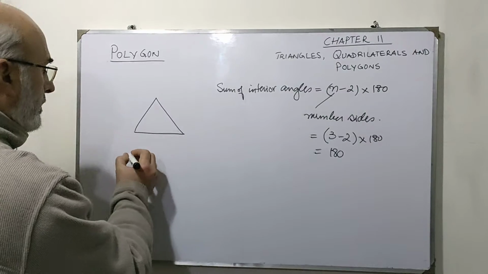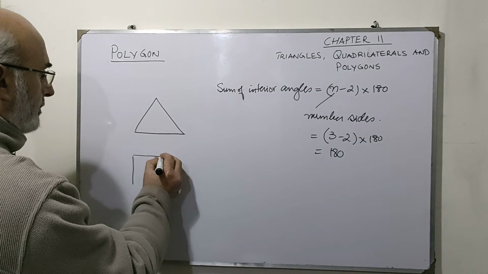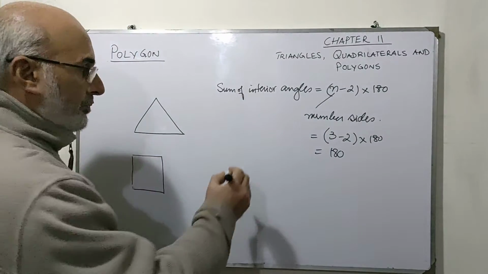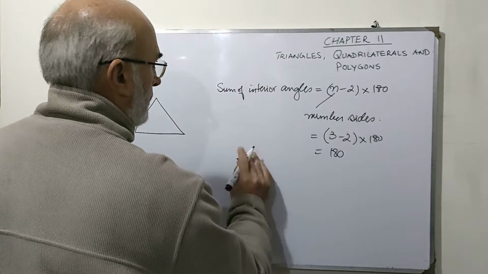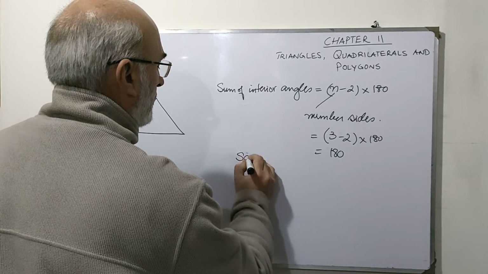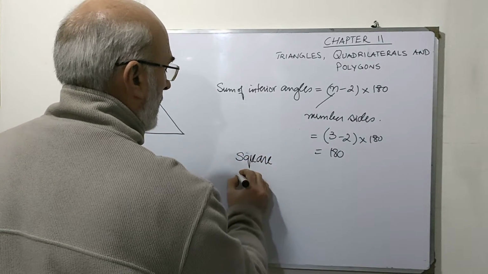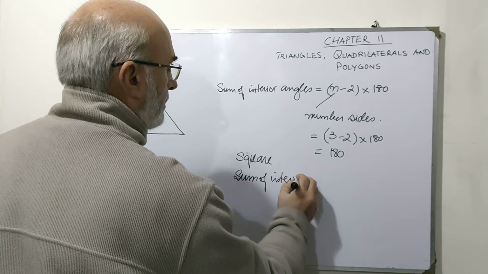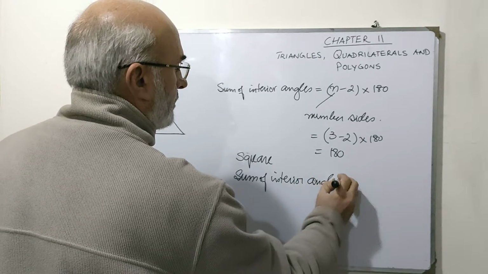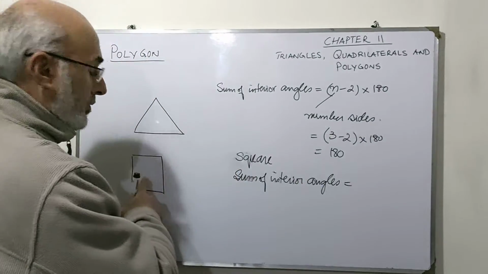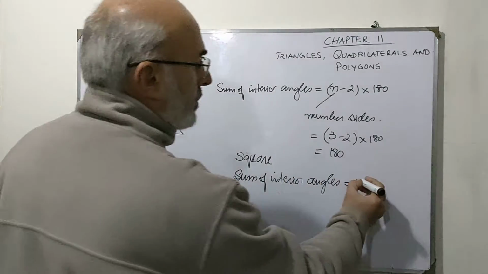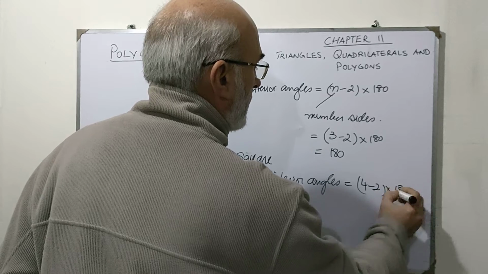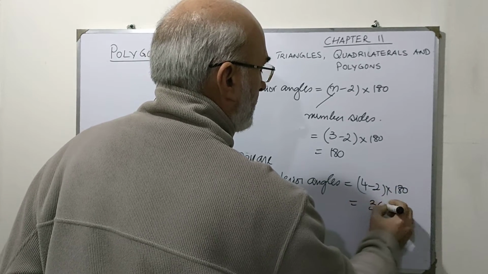Okay, suppose we have a square. In case of a square, sum of interior angles equals, now the number of sides is 4, so 4 minus 2 into 180, which is 360.